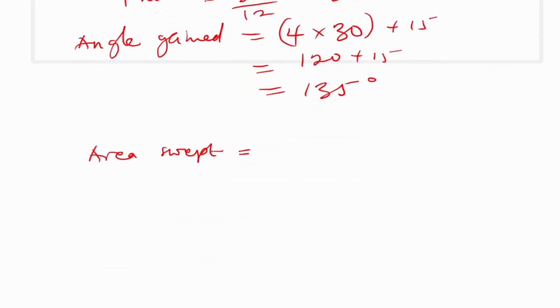We know that the area of a sector is the angle the sector subtends at the center of the circle over 360 times the area of a circle, which is pi r squared.